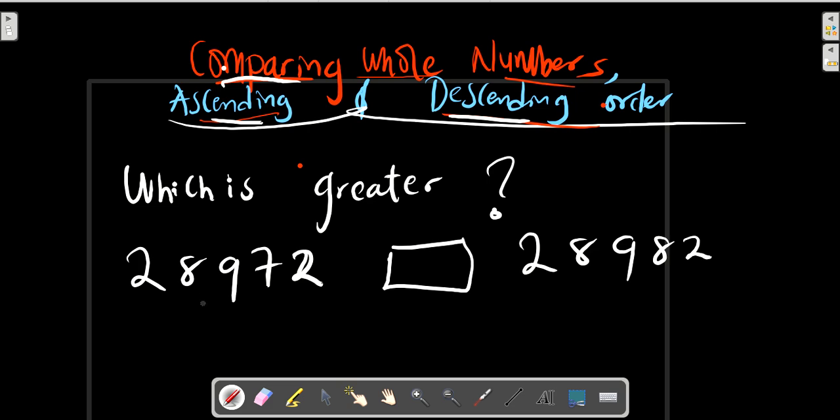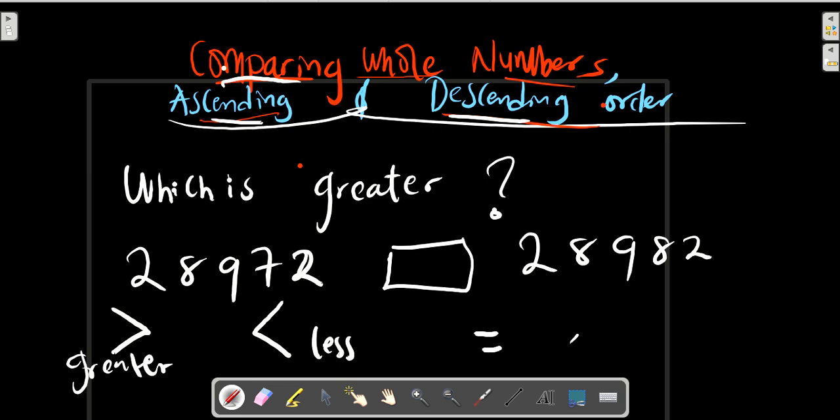When we want to compare two different numbers, we compare them using the greater symbol, the less symbol, and the equal symbol. We can compare numbers using any one of these symbols.